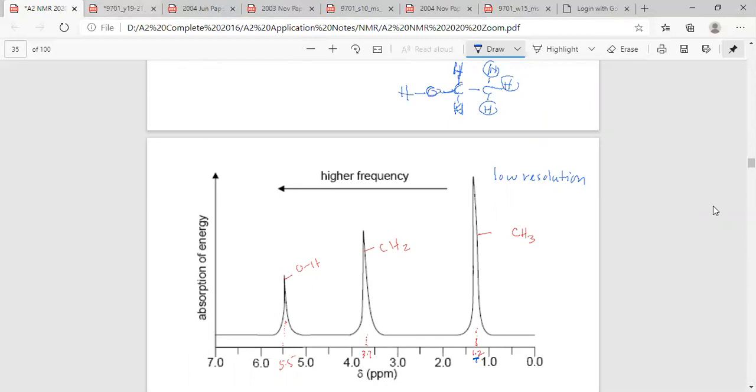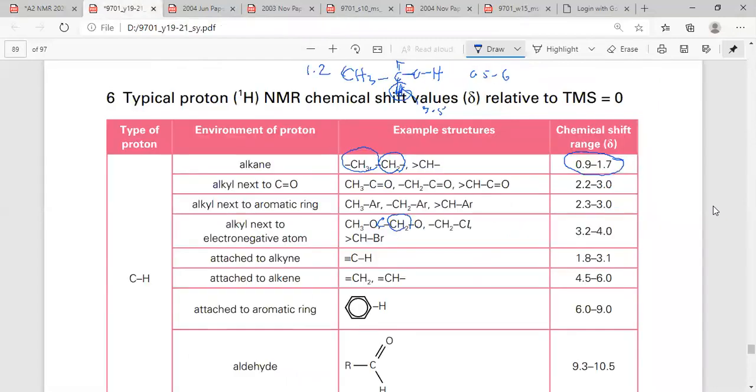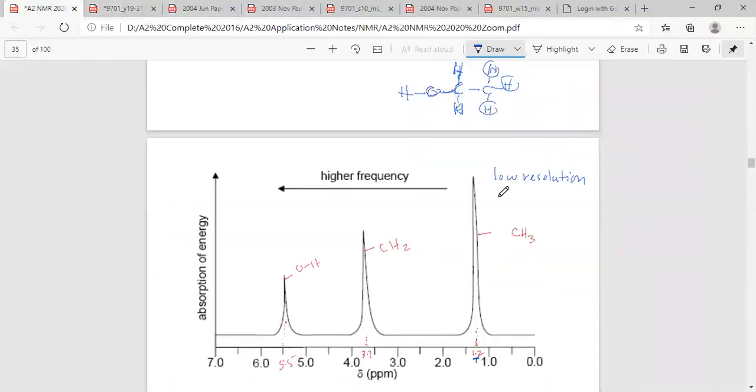You can see carbon to oxygen here, 3.2 to 4, and about 3.7 here, because it is next to oxygen, which is very electronegative, isn't it? So this is the low resolution of ethanol.